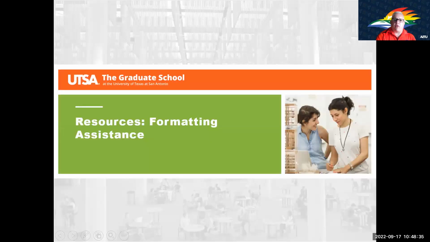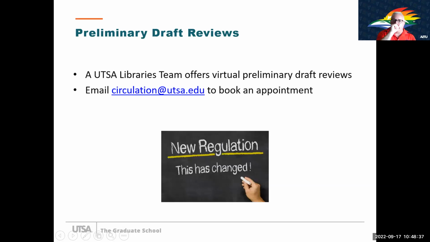So let's talk about formatting assistance. I highly recommend that you take part in a preliminary draft review with the UTSA library team. There is a team of staff. They are tremendous. Excellent.